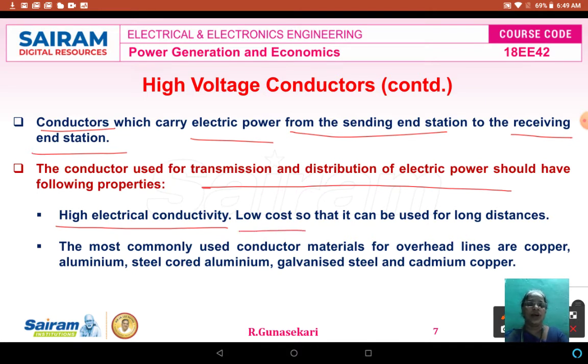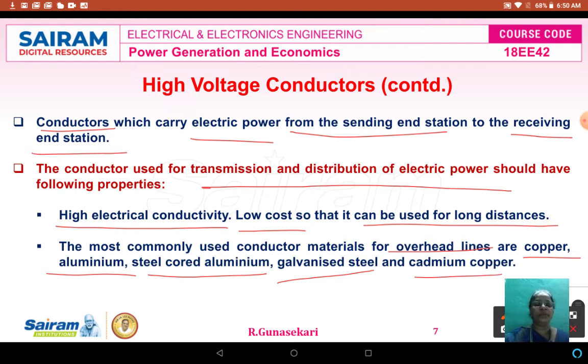Then low cost, meaning the conductors can be used for long distances, so the cost of the conductors is also low. Like that you have to choose conductors. That's why mostly aluminum and copper are used as conductor materials. The most commonly used conductor materials for overhead lines are copper, aluminum, steel cored aluminum, galvanized steel, and cadmium copper.